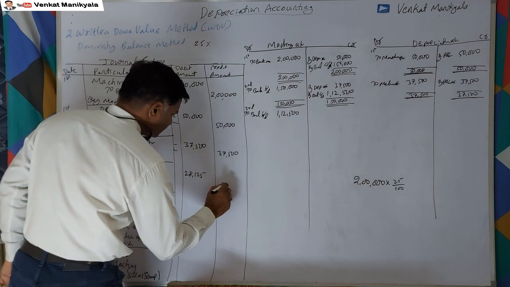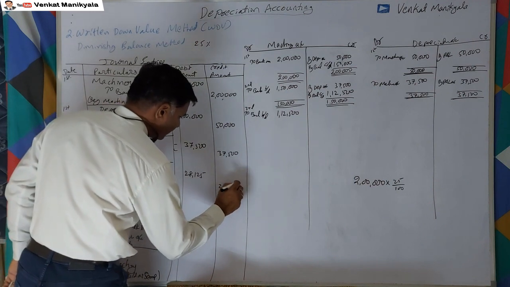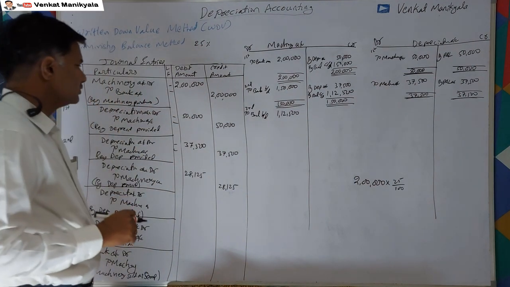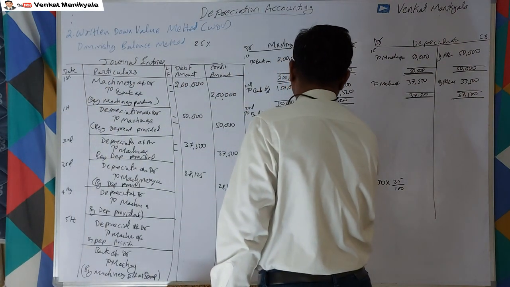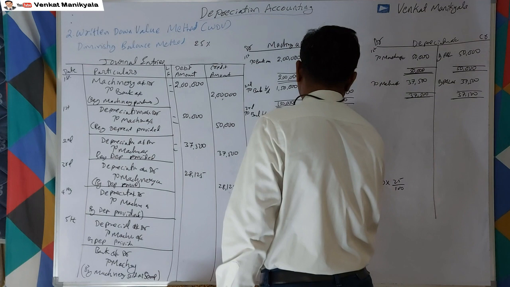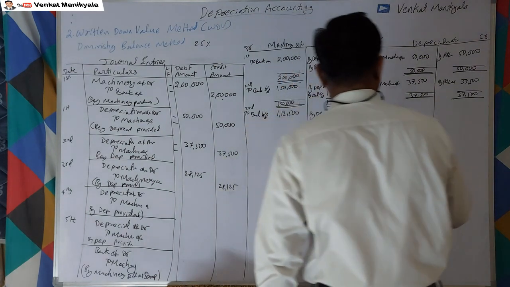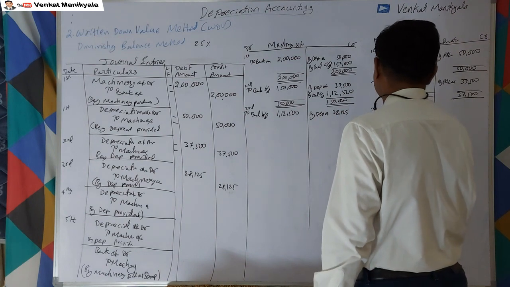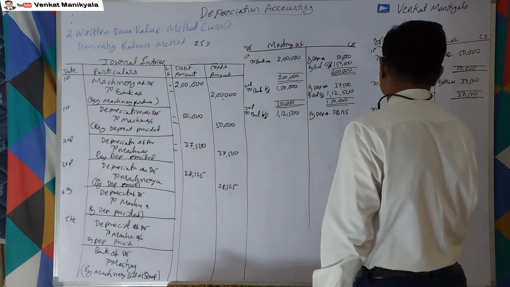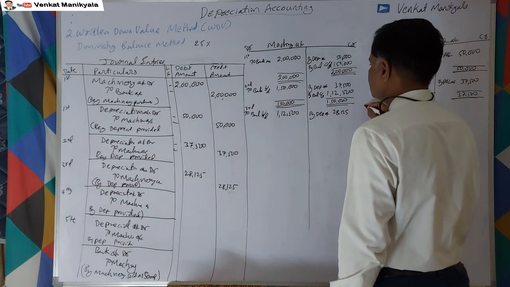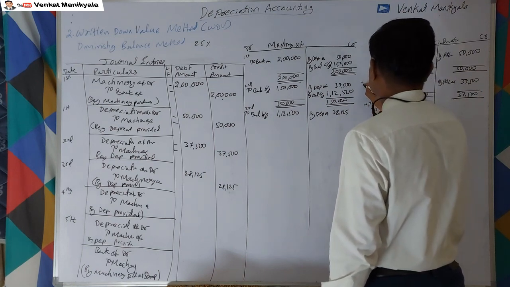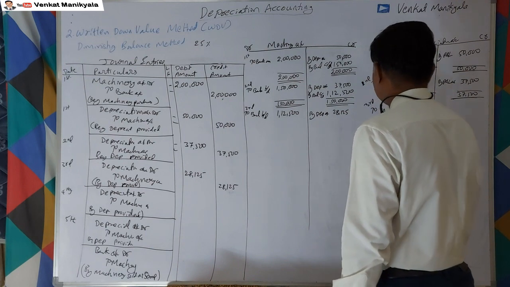So depreciation account to machinery account 28,125 in the third year.